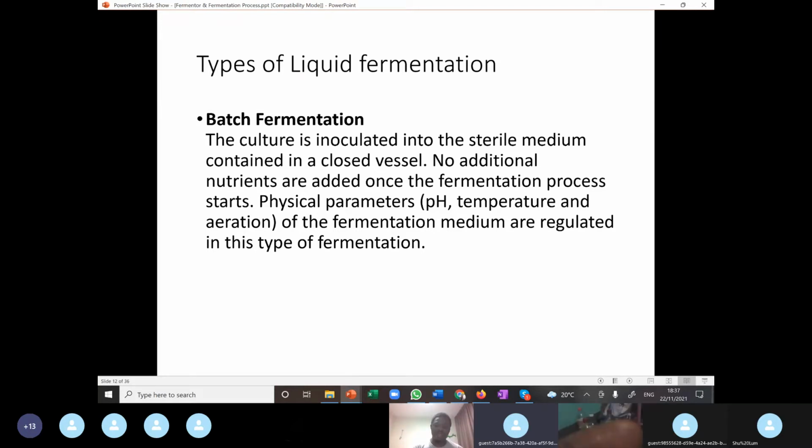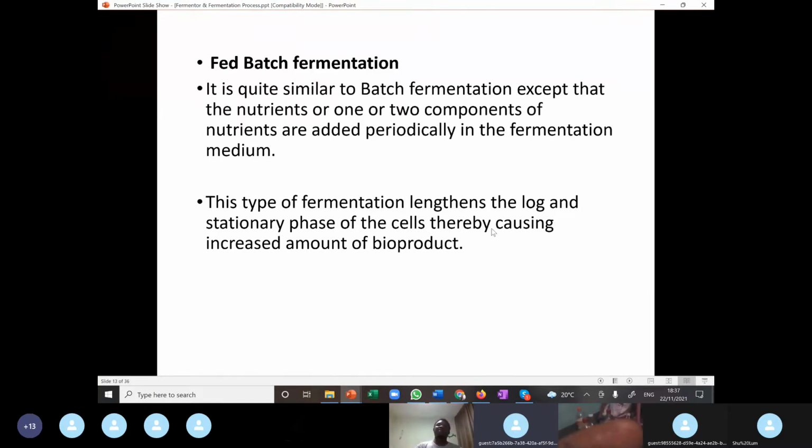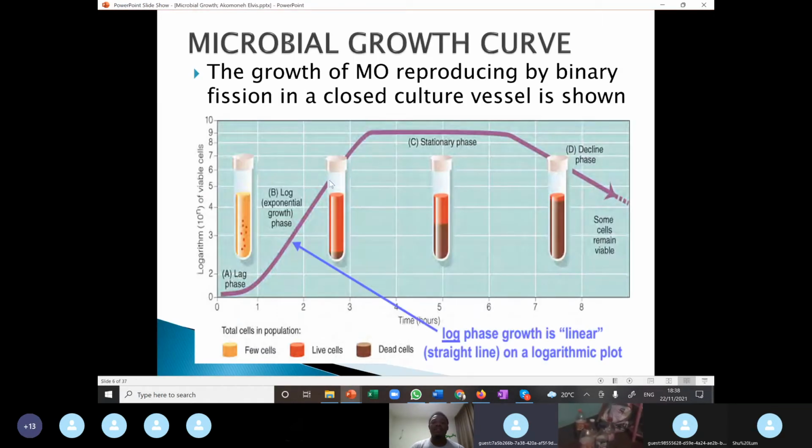That is batch fermentation. Another type of liquid fermentation is what we call fed batch fermentation. In this system, we set up just as we did with a batch fermentation, but there is a difference. We could add one or two more components, especially essential nutrients, periodically, to ensure that the fermentation process is maintained at the logarithmic phase in most cases.